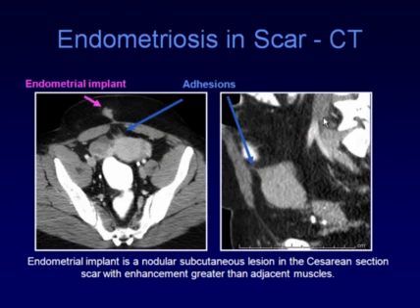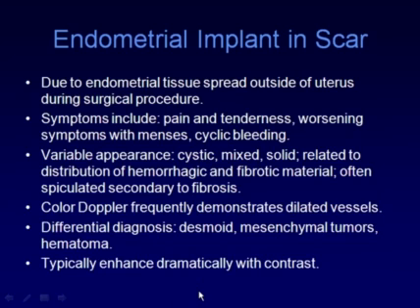Another patient with a similar problem, you can see the uterus is pulled up anteriorly. This is the adhesion, and here's the enhancing nodular endometrial implant exactly at the site. This is the sagittal view showing you the adhesion of the uterus to the anterior abdominal wall. Endometrial implants can occur related to the scar and as a spread during the surgical procedure.